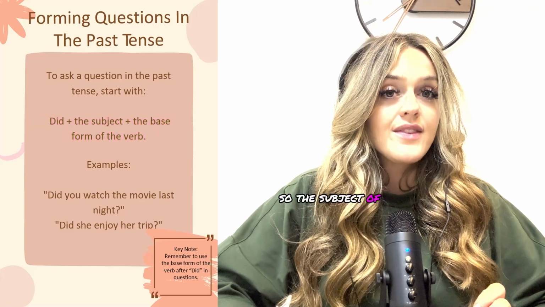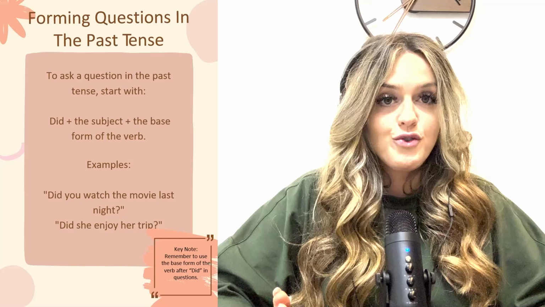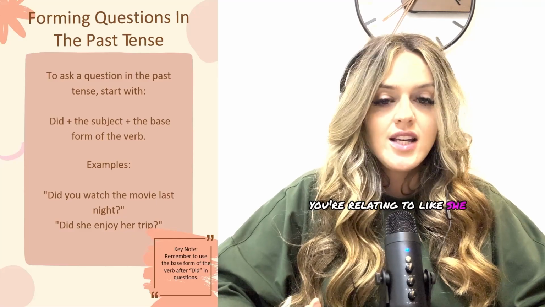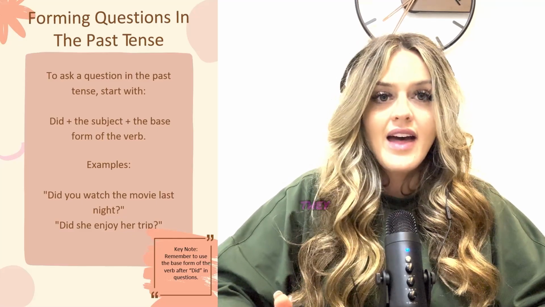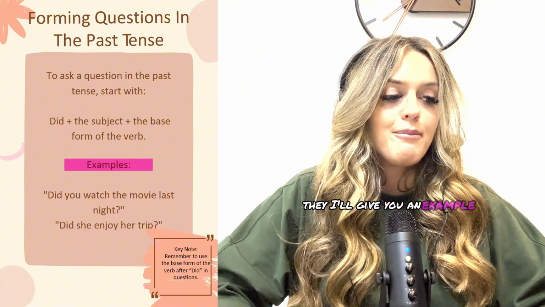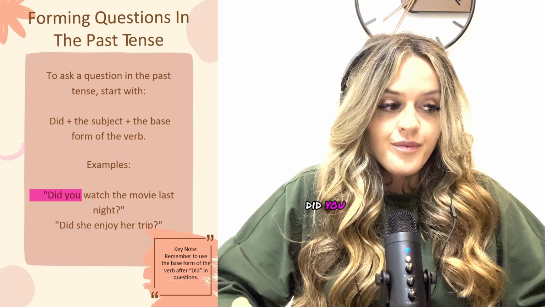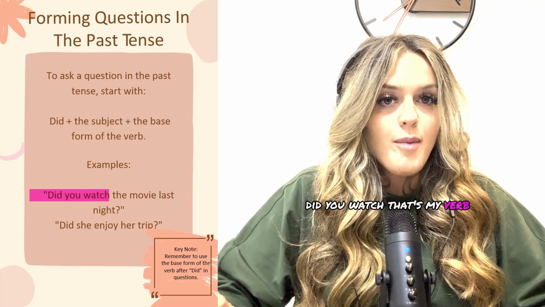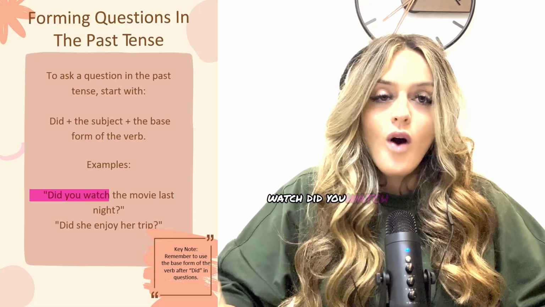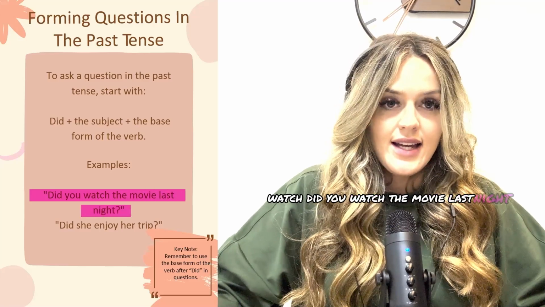So the subject of the sentence is the person or thing you're relating to, like she, he, you, they. I'll give you an example. Did you watch, that's my verb watch, did you watch the movie last night?